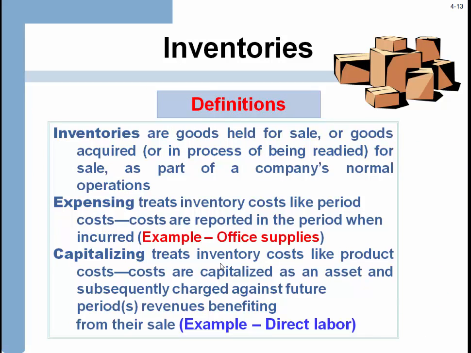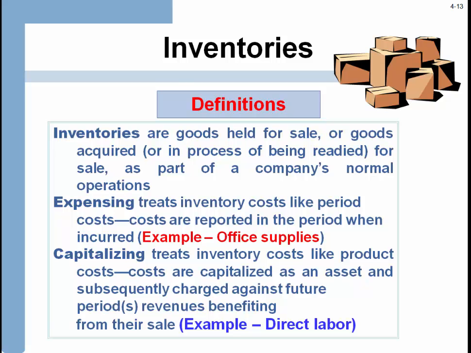Different types of inventories. You have inventories that are held for sale, or goods acquired and in the process of being made ready for sale as part of the company's normal operation. What you're really talking about here, which is not laid out well, is merchandise inventory for, say, a retailer that buys stuff that's already ready to go and just turns around and resells it.